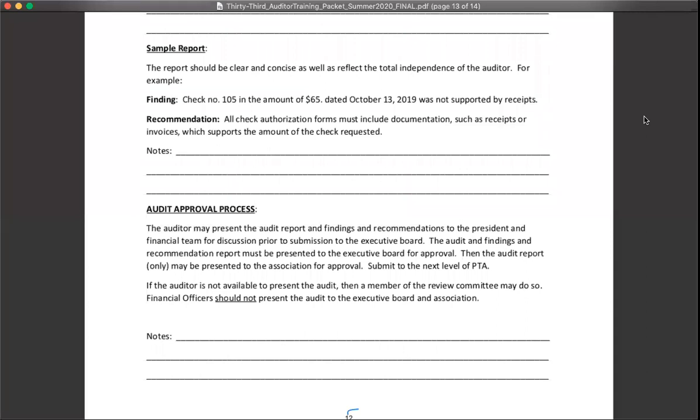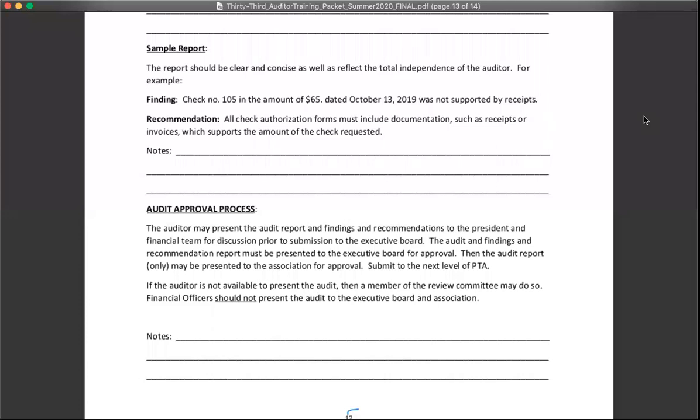And so if there's situations where the president or some financial team members are mentioned, it's nice to discuss those findings and recommendations prior to submission to the executive board with the president and the financial team. Because we're not here to get you, we're not here to embarrass anyone in front of the executive board. They need to know what's coming.